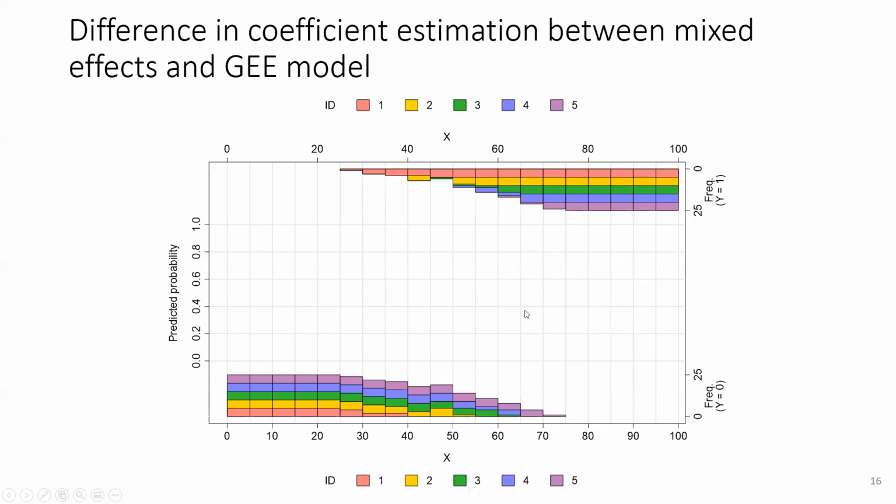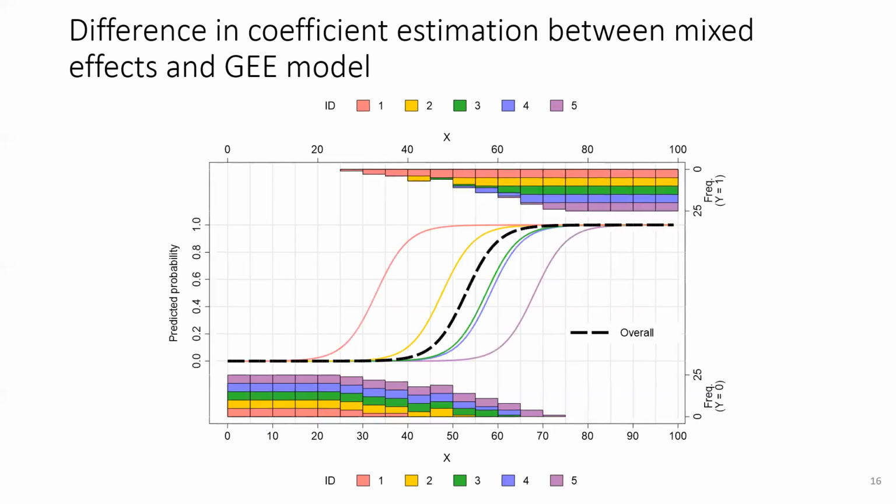And then we fit the mixed model, and this is what we get as the estimated mean value. For cluster 1, the probability of having Y equal to 1 is about 0. After 20, it starts increasing, and then the probability of having Y equal to 1 is almost 100% when X reaches 50, which is consistent with what we observed here.